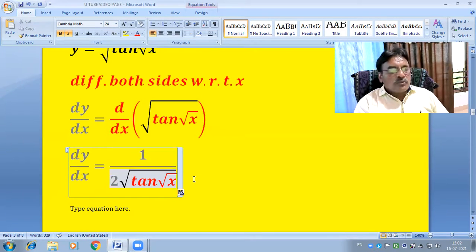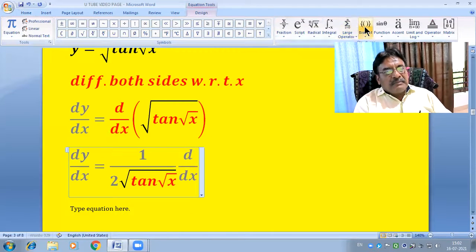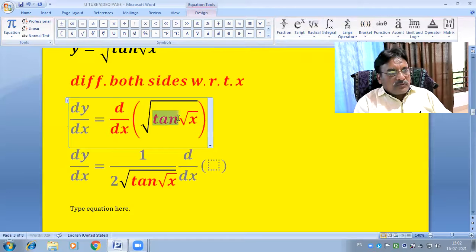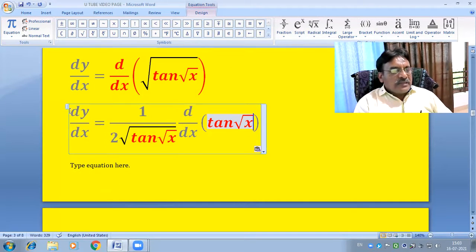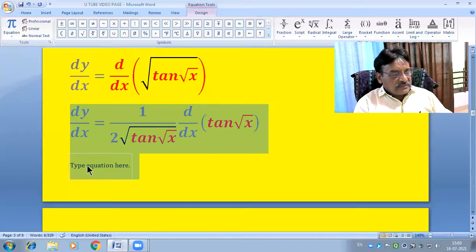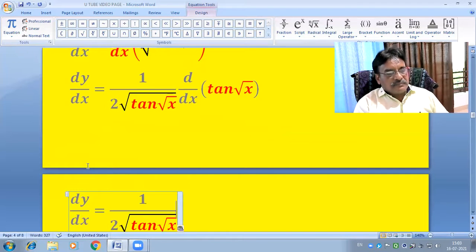Into d/dx of tan root x. So dy by dx is equal to 1 upon 2 under root tan root x as it is, into d/dx of tan root x.